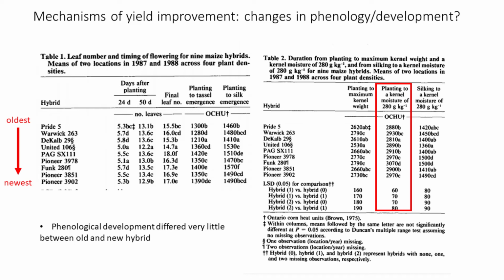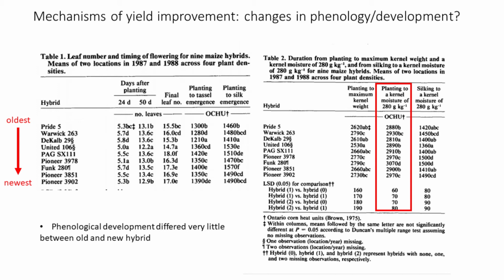And so here we can see that the CHU requirements to move from planting to silking, which is basically vegetative growth, so the duration of vegetative growth, because silking is the onset of reproductive growth, that has not changed very much. Okay, there's no clear trend here. There's some statistically significant differences, but you can't say that modern hybrids have a longer or shorter duration of vegetative growth. There's nothing really consistent here, and these differences, I should say, are quite minor.